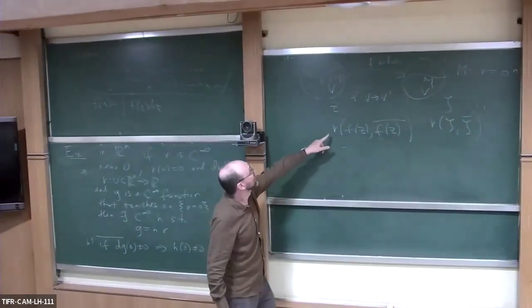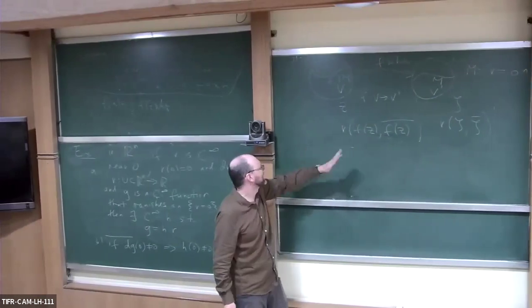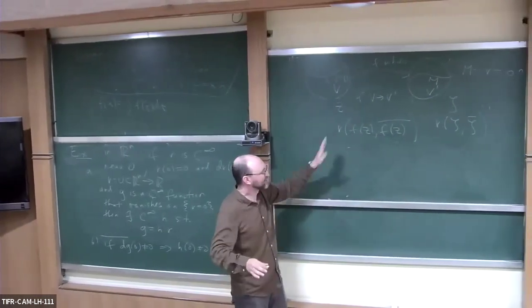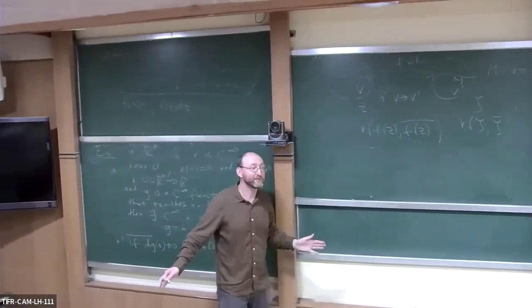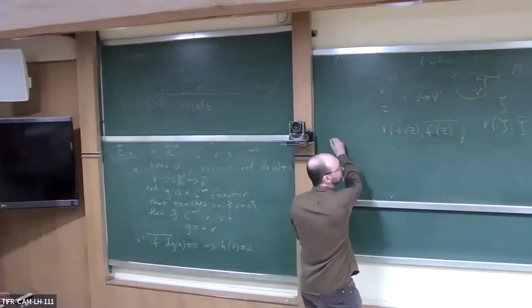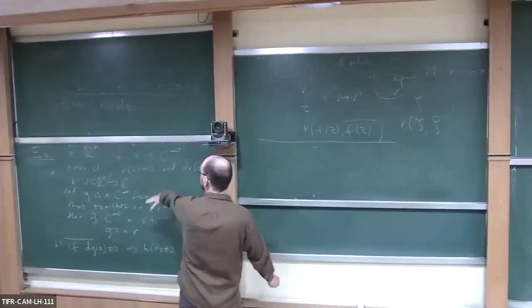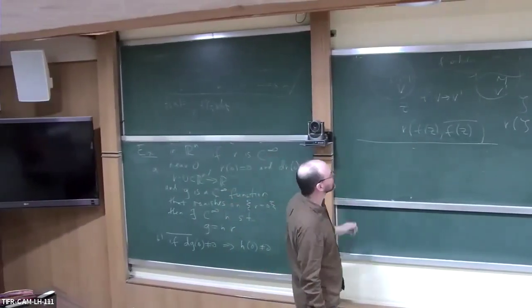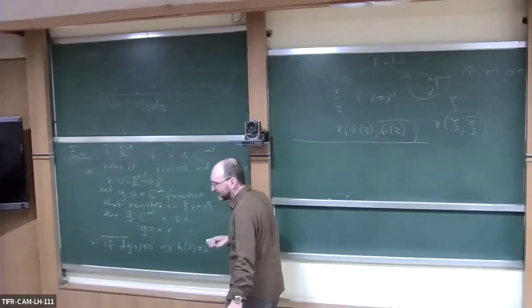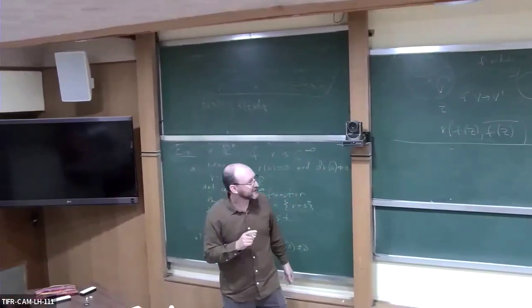That's the thing that we want to look at. That's the defining function over here. And because this is biholomorphic, this is some defining function. It doesn't really matter which one I take, right? Because of this.